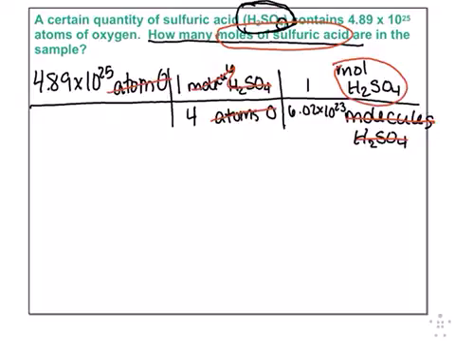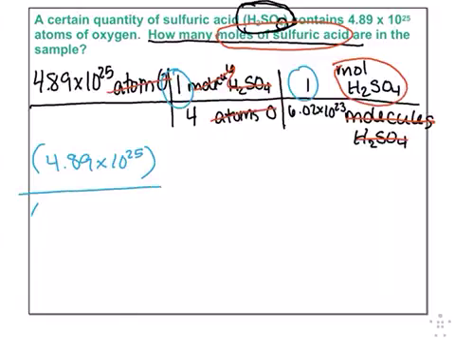And so now we do the arithmetic. Multiply across the top, 4.89 times 10 to the 25th. Do we need all of these ones to multiply? Nope. So then divide it by 4 times 6.02 times 10 to the 23rd.